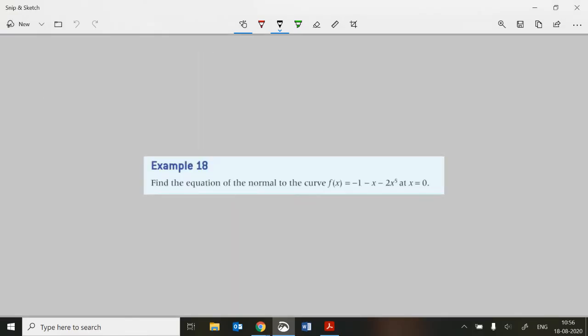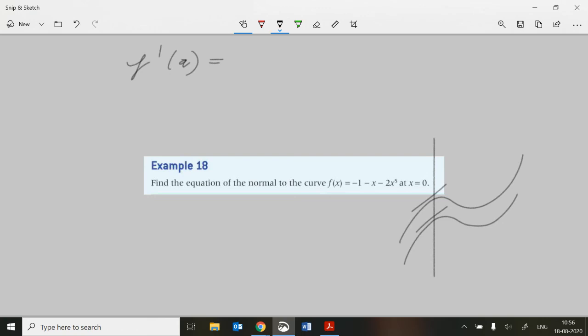Example 18, find the equation of the normal to this curve. Well, let's find the gradient of this curve now. So we've got f dash of x is equal to, well, the minus 1 is just a constant. Constants just move the same function up and down, so it doesn't change the gradient at any particular x point. It just moves the whole thing up or down.